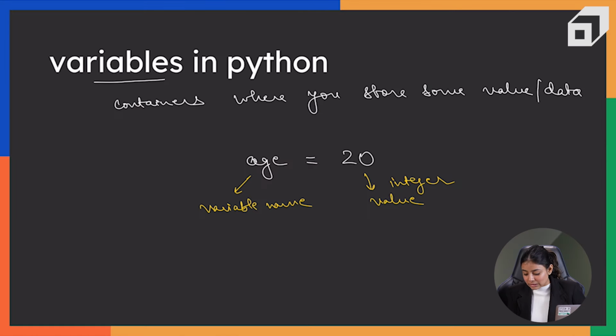Now if in my code I want to add some years to the age of this person, subtract some years, or print the age of that person, I can just use this variable age to do that. That is what variables help us to do. They help us to store some value, some data, and also perform some operations on those variables.